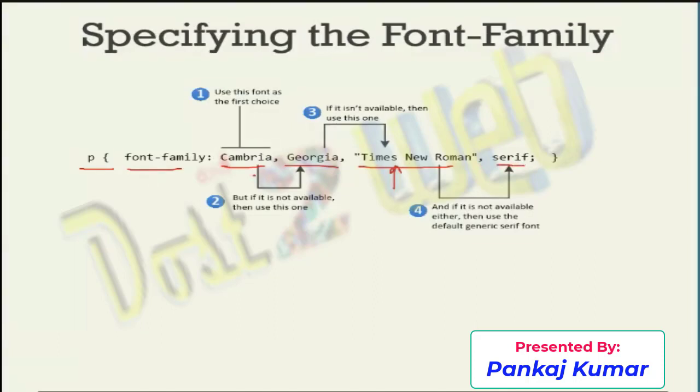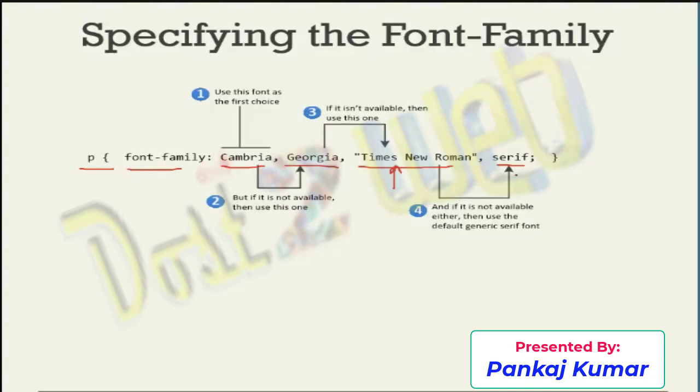This is like multiple options being given for the user's choice. If a font is not there on their machine, it will take the next one accordingly. This is the way you can define the font family. I'm not talking about only a font, I'm talking about a font family.